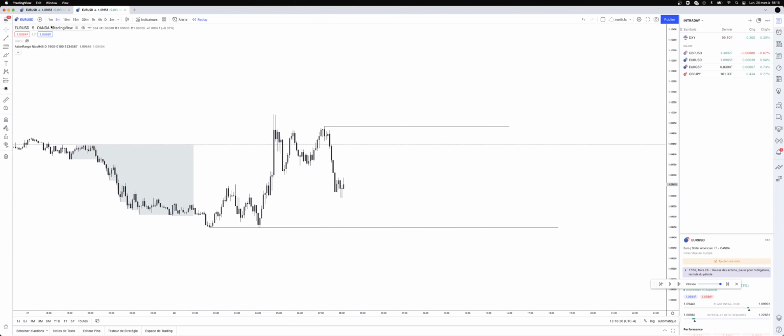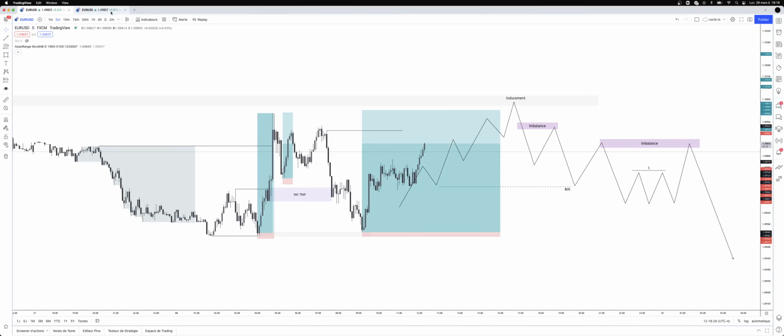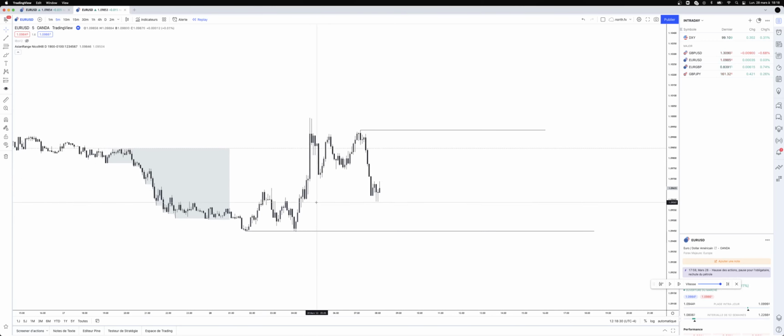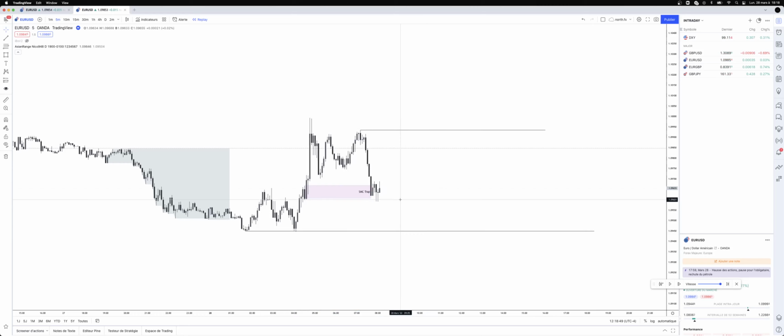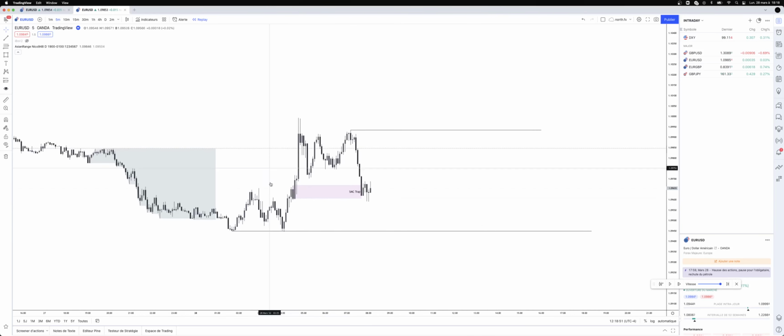I entered on this position. You must understand I didn't take this POI. Why? Because this POI is mitigated, and this is a trap. This is an SMC trap. Because the liquidity, like I told you, is above the high and the low of the session.